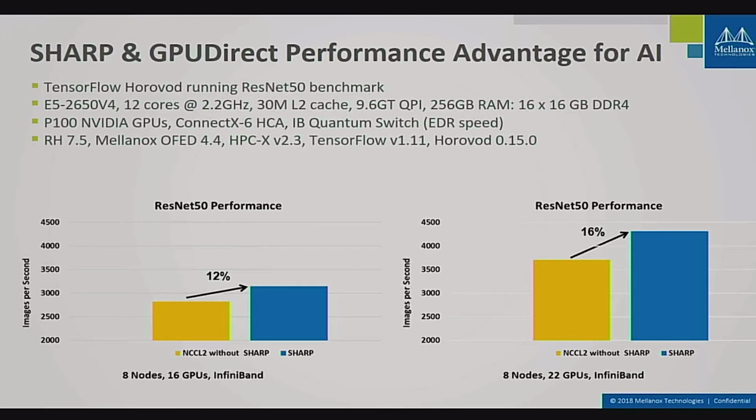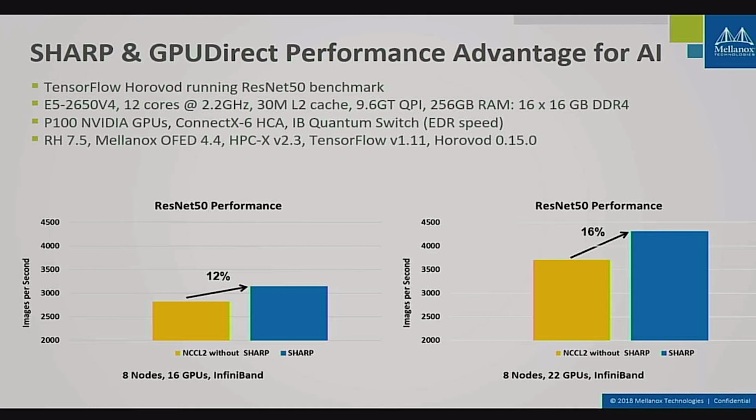So now when we look at the result, we compared SHARP to NCCL. NCCL is Nvidia's collective communication library. And we compared SHARP results and NCCL to the latest from Nvidia to show the results of, in this case, a deep learning training of the ResNet-50 neural network using the ImageNet database.